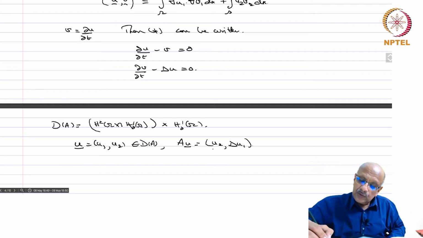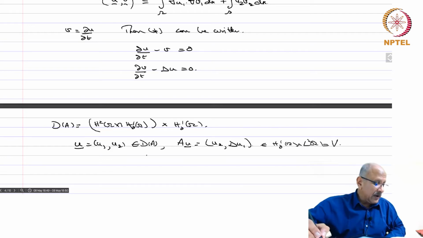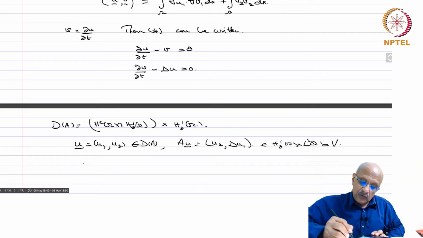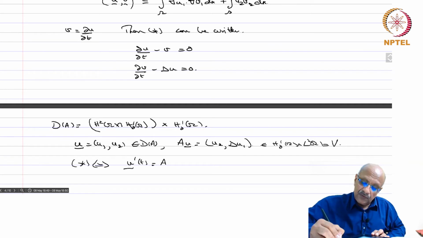This will be in H10 of omega, this will be in L2 of omega, and therefore that is the space V. So, this belongs to H10 of omega cross L2 of omega, which is equal to V. This is well defined, and now star is the same as saying that u'(t) is equal to A of u.